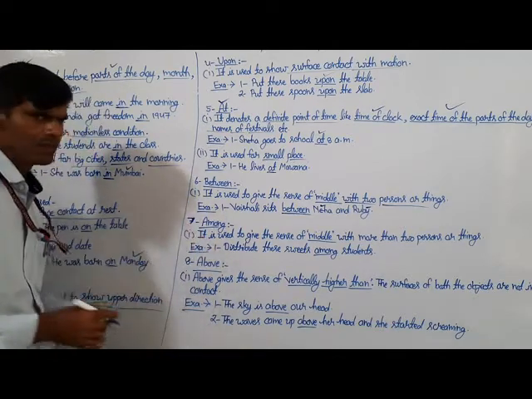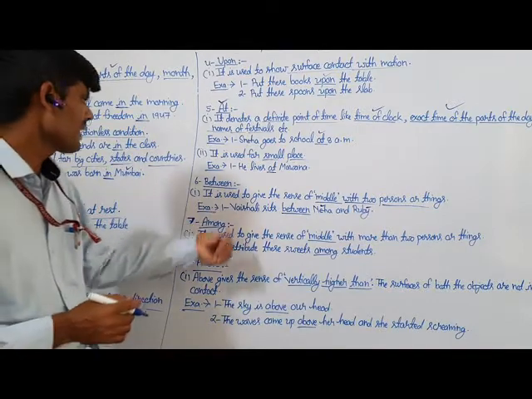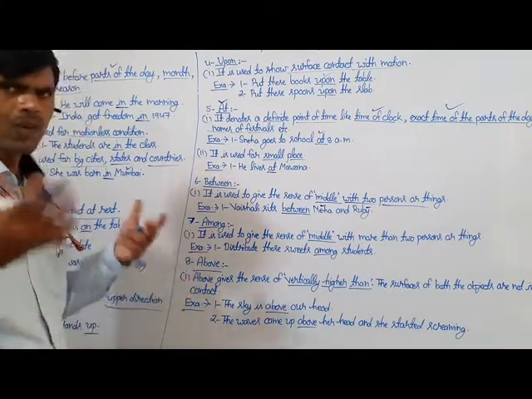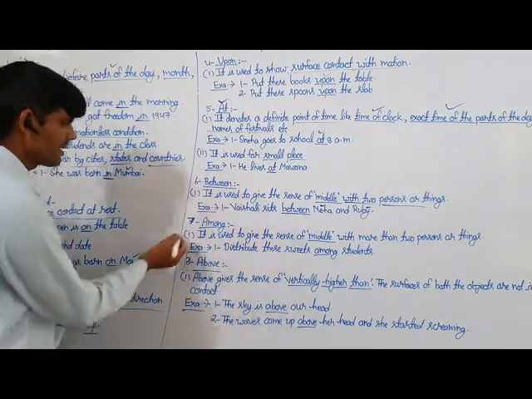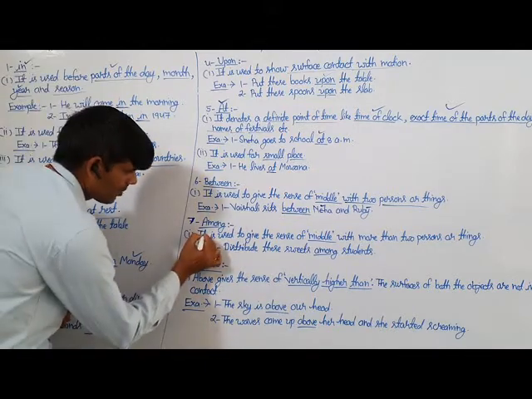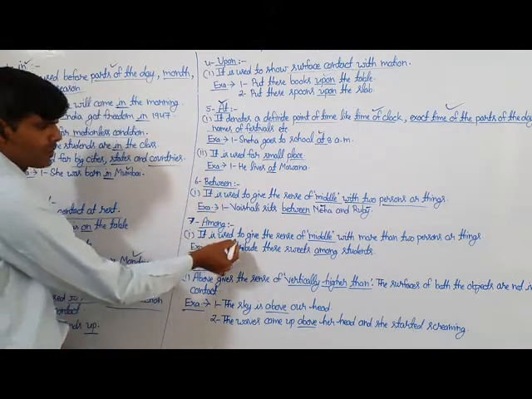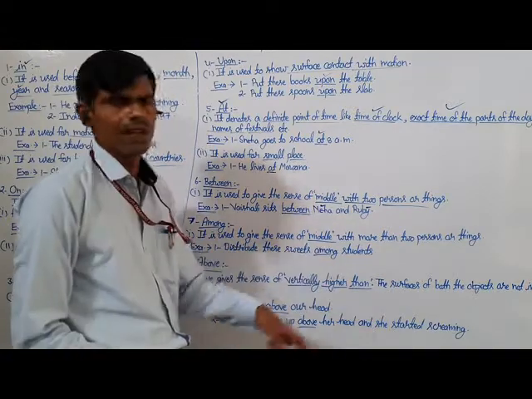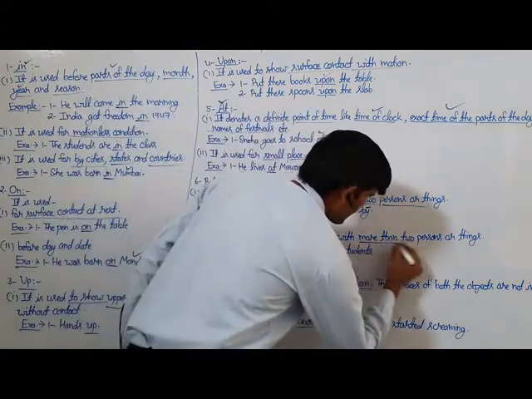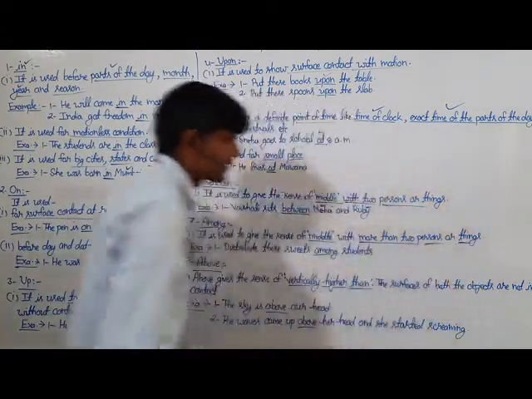Here is the next preposition after the sixth one, and that is among. And what is the use of among? It is used to give the sense of middle, with more than two persons or things.